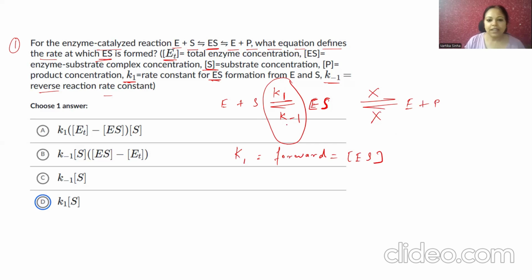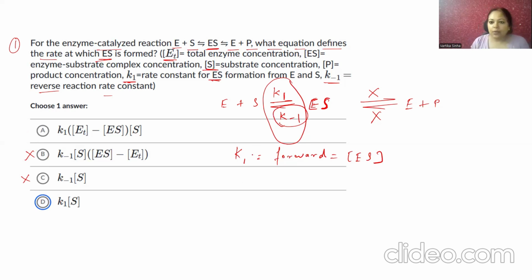Now, we can opt out all the options which have K negative 1 in them. This is just one way of picking the right option out of the four. So B cannot be true and C cannot be true. Among A and D, these two options can actually follow K1 and something.